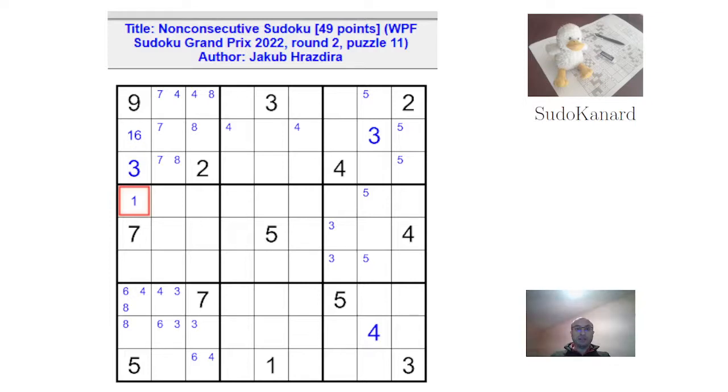No even value is available, so it has to be a 1, and that's a 6, and that's not a 7. And 6 disappears from this cell, so 6 is either here or there.